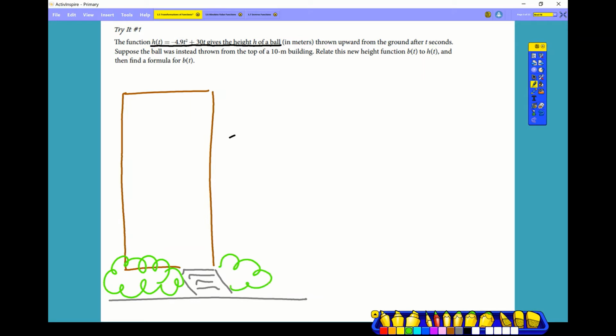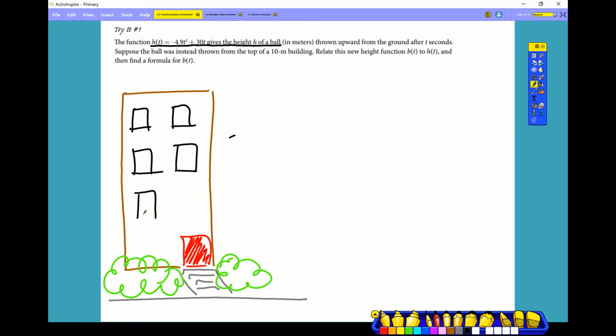We're going all out on this building. Striking red door. And then we can have, I don't know, some windows. And then a big circle window here. Okay, so we're at the top of this 10-meter tall building.